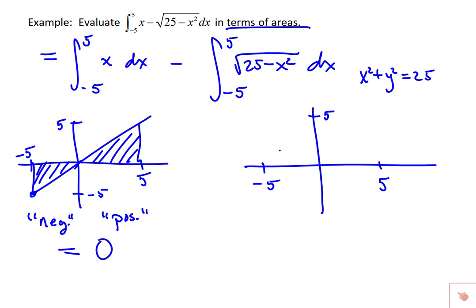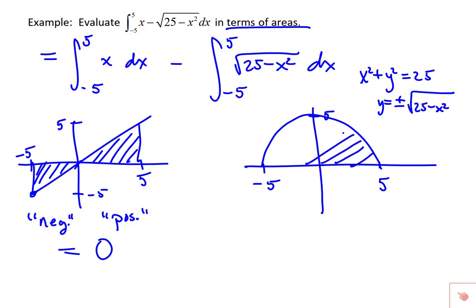And so we can go ahead and draw that, except if you were to try to solve that for y, you'd normally get y equals plus or minus the square root of 25 minus x squared. As you may recall, the plus or minus shows up when you take the square root of both sides. But in this function, notice it's only written as a positive, which means it's only the top half of the circle, which means we really want to find the area of this semicircle here.